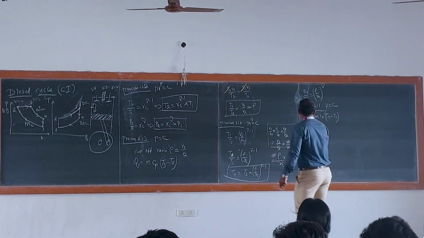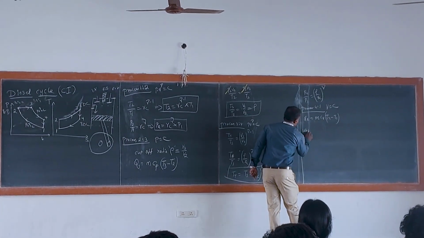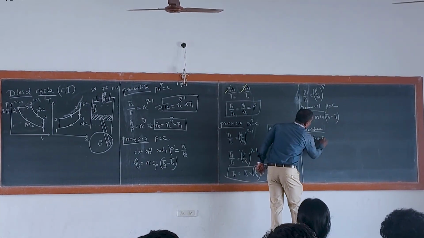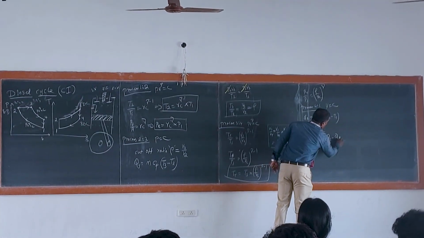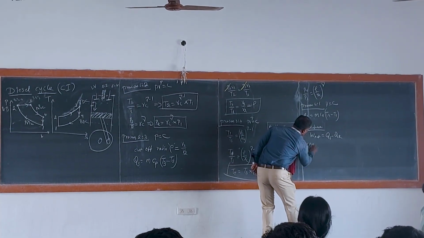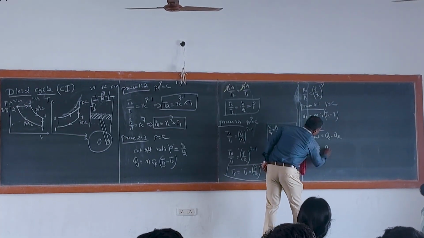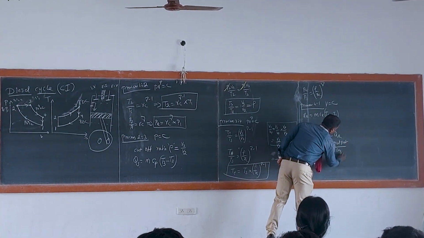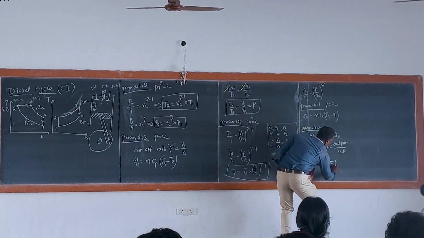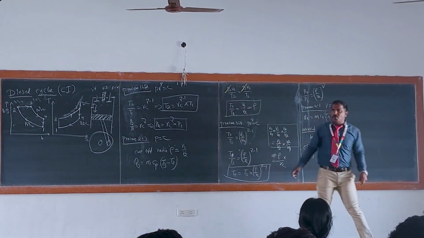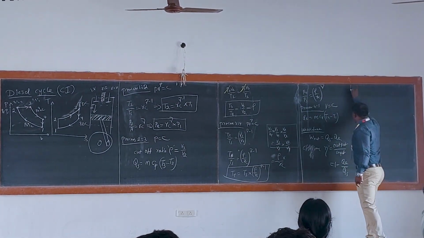Clear? What about the work done? W is equal to QS minus QR. What about efficiency? Efficiency eta is output divided by input, which is nothing but 1 minus QR divided by QS. Same formula, no change, but the final equation will change.